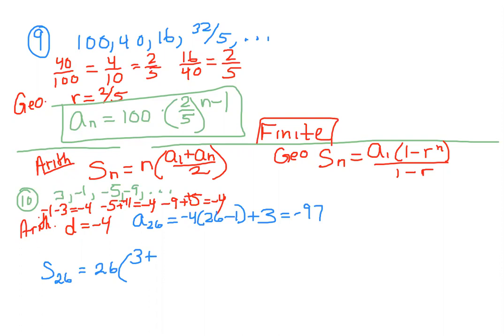So we get 3 plus -97 over 2, and you get -1222 for your answer for number 10. Okay, remember a series is a number. Your answer is a number. Number 11.